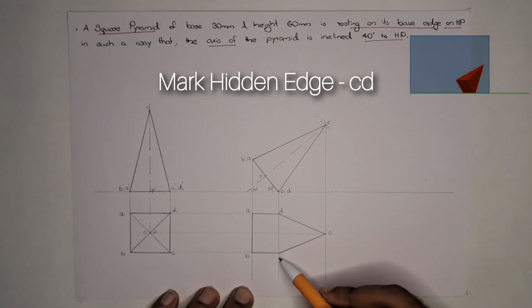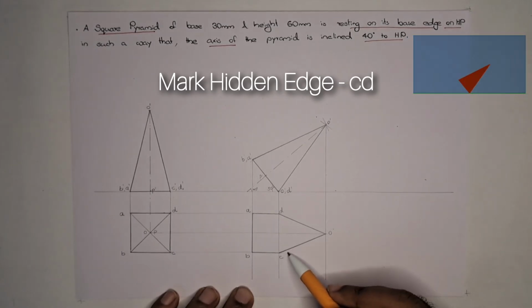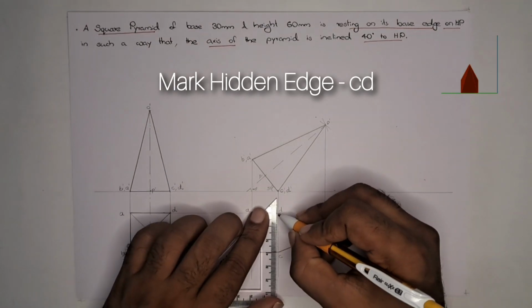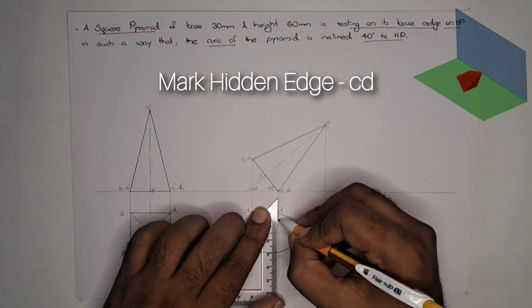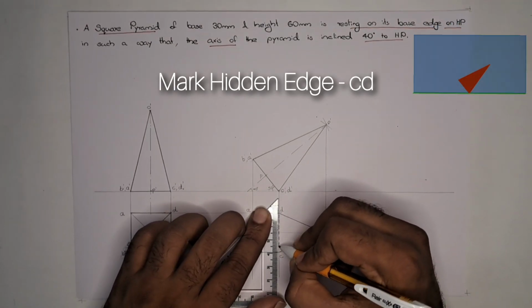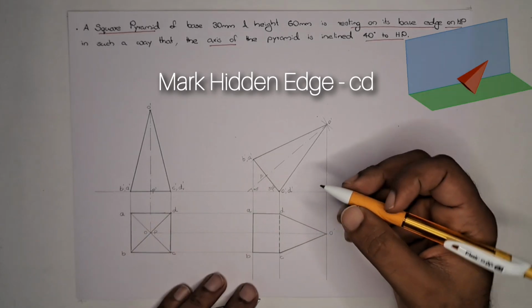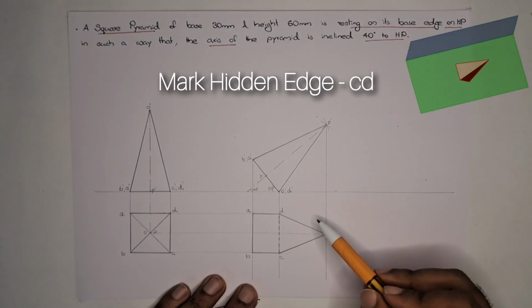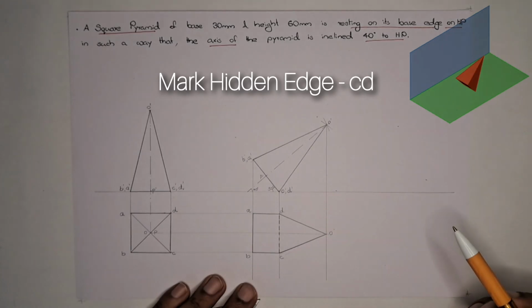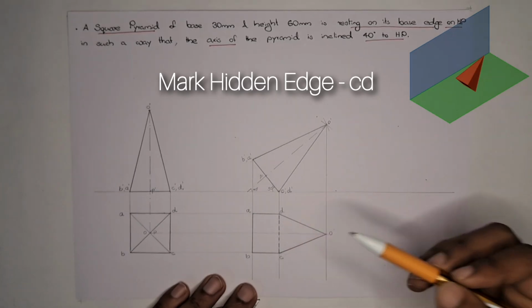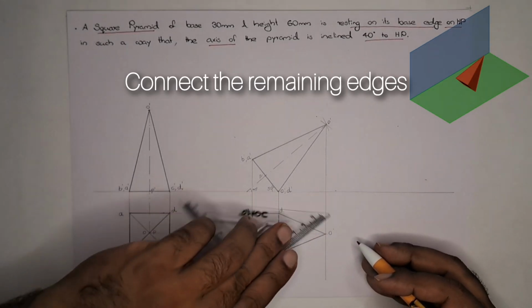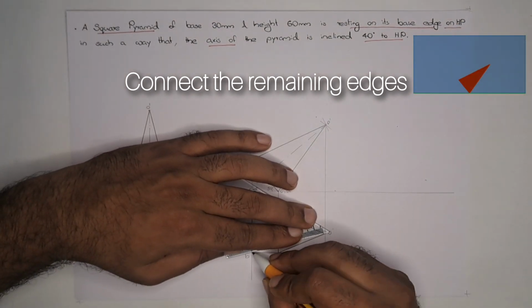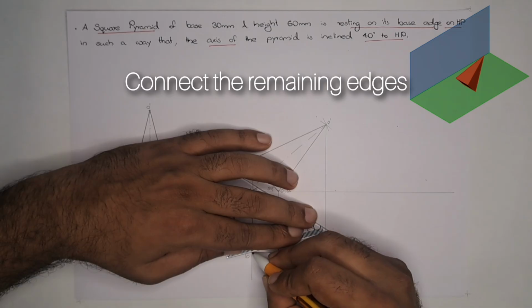Then C O also comes under the outer line, so we don't need to mark the hidden. So the only one remaining is C D. We can check on D also. There's D A, but it comes under the outer line. D O comes under the outer line. Then D C is the only one remaining. Now we can connect the remaining points. B O.